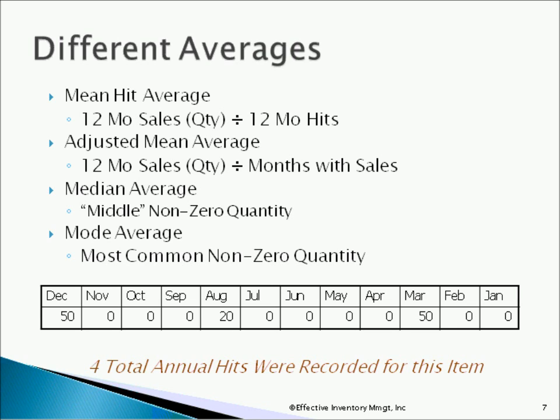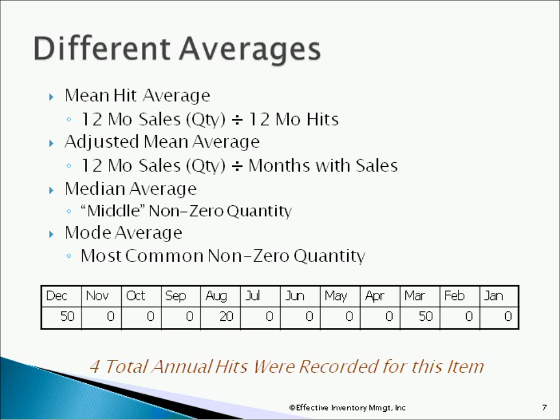When a customer comes in and asks for an item, whether they ask for 1 piece, 10 pieces, or 1,000 pieces, it is just one hit, one transaction. Think of it as a line item on an invoice or a sales order. The mean hit average is 12-month sales quantity divided by the number of hits recorded in the past 12 months.